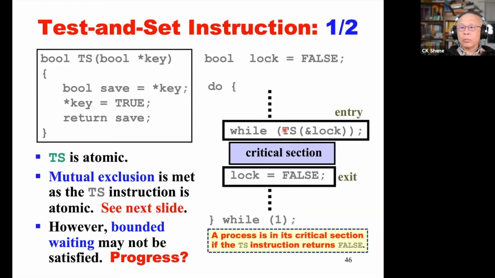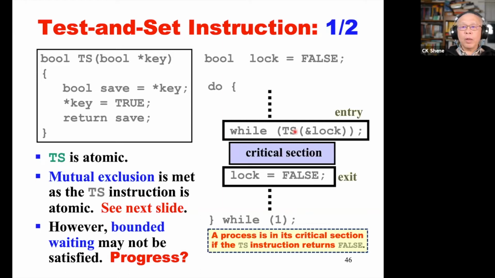So if you and I execute the TS instruction at the same time, the hardware will determine whether you go first or I go first. So if the hardware determines that I should go first, I get here and enter. And once I am here, when you execute your TS, you are blocked.